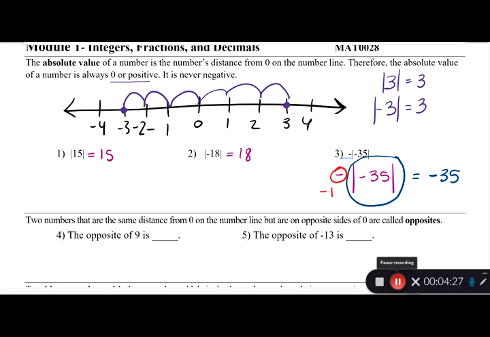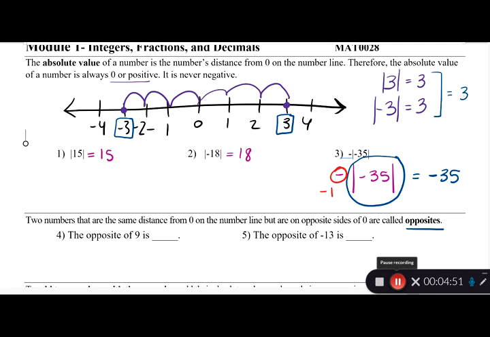So the next part here says two numbers that are the same distance from 0 on the number line but are on opposite sides of 0 are called opposites. Okay, so we could look at our original example up here where we had -3 and 3. Remember, their distances, their absolute values, were both equal to 3.